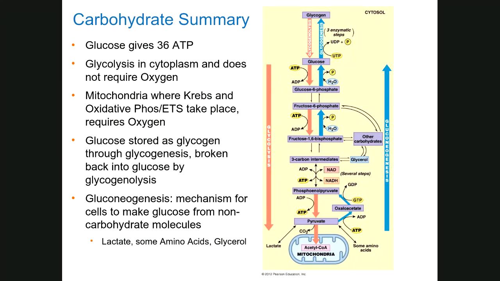It'll take 2 glycerols to do that because I need 2 3-carbon molecules to make 6. Alanine is also an amino acid I could take and push in along with another 3-carbon molecule to eventually recreate glucose.